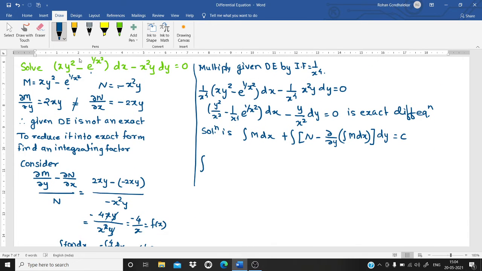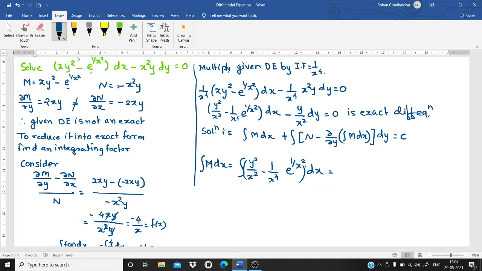So integral M dx is equal to, what is M here? The M is nothing but the multiple of the dx, which is y square upon x square minus 1 upon x raised to 4 into 1 upon x square dx. Okay. So what is the value of it?